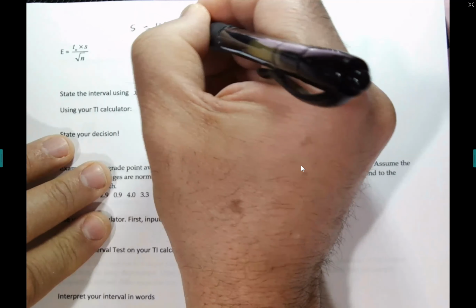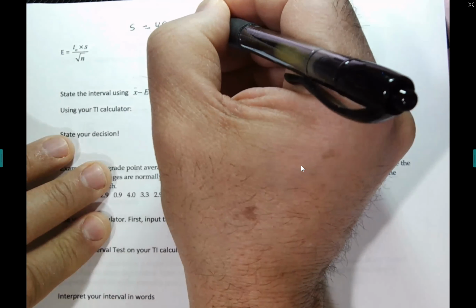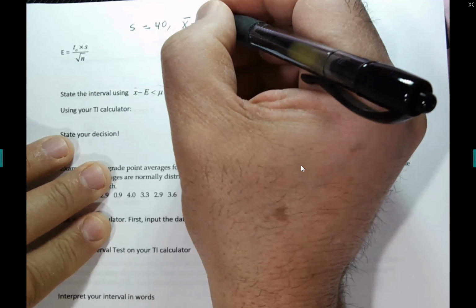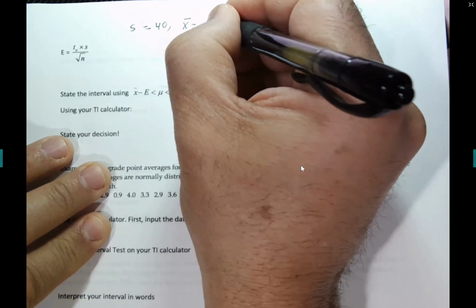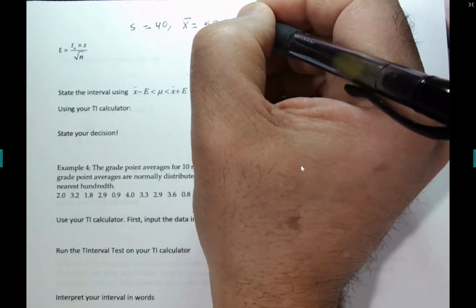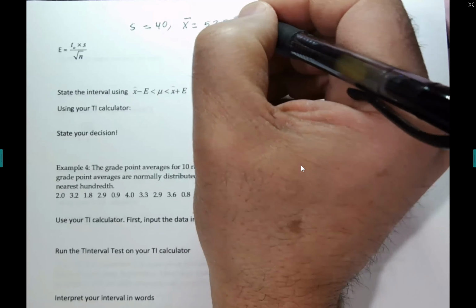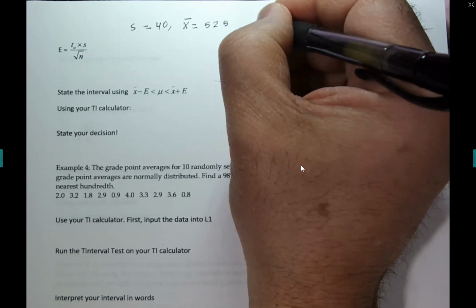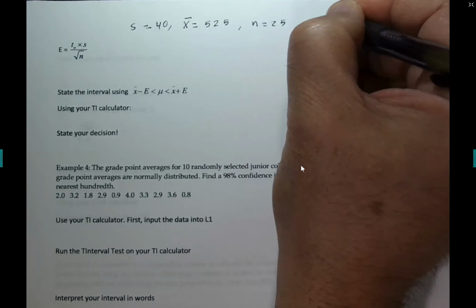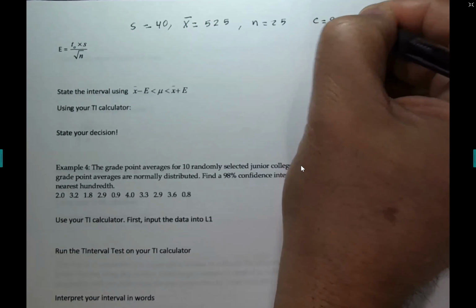X bar is 525. And the sample size, N, is 25. And he wants the confidence level to be 95%.